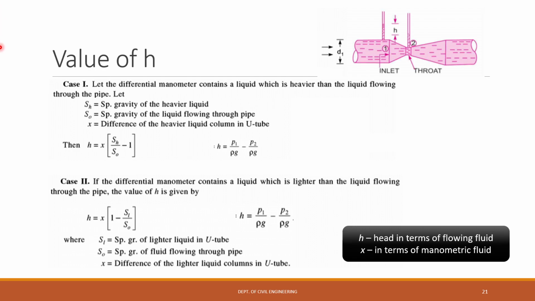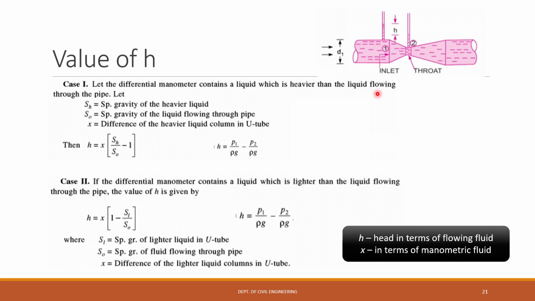So in case 1, the manometer contains a liquid which is heavier than the liquid flowing through the pipe. In case 1, you have to check two conditions. First, the venturimeter is horizontal. Second, the manometer contains a liquid which is heavier than the flowing fluid.